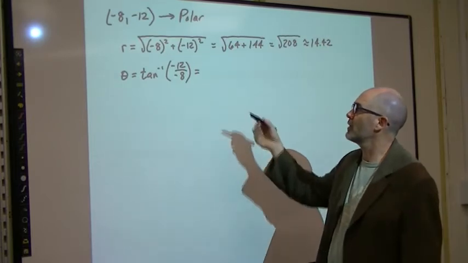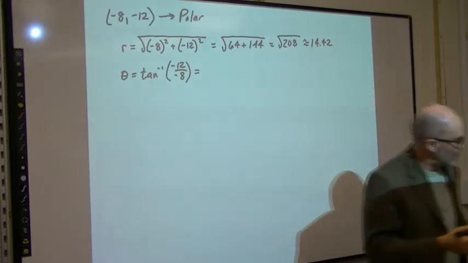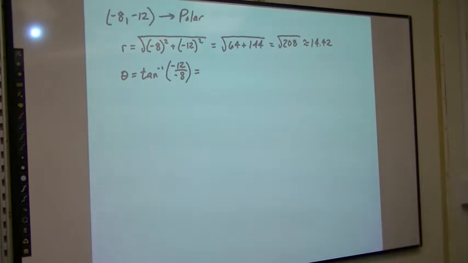When you do inverse tangent from your calculator, you're going to end up with an angle in the first quadrant.